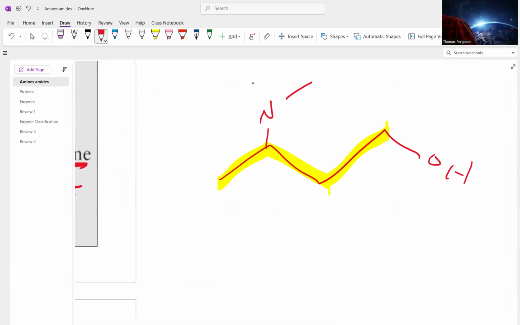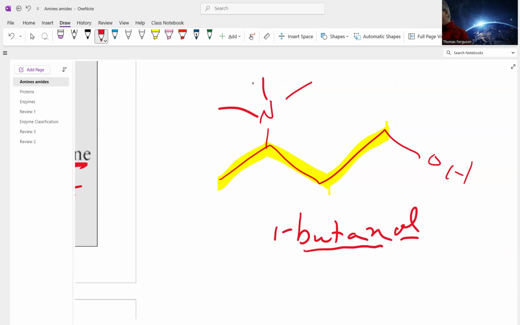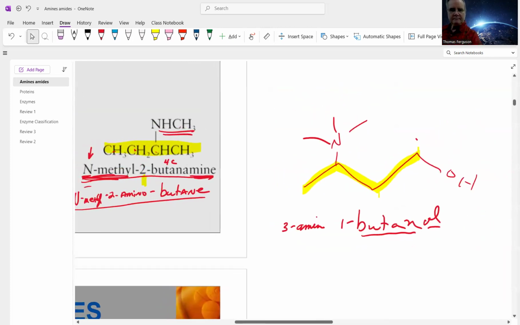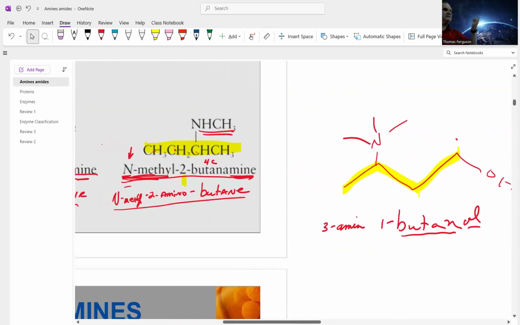Like if we had that, for example. Okay, so it's that alcohol, 1, 2, 3, 4. It's a 4-carbon primary backbone, so it's going to be a buta. And it's a butanol, carbon number 1. And it's got an amino group on carbon 2, and it's got 3 methyl groups coming off that nitrogen.